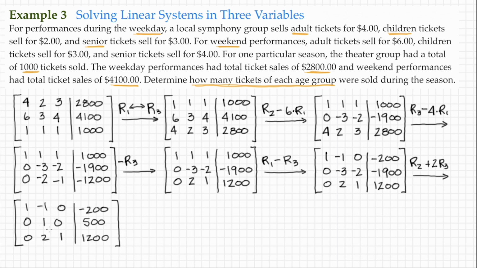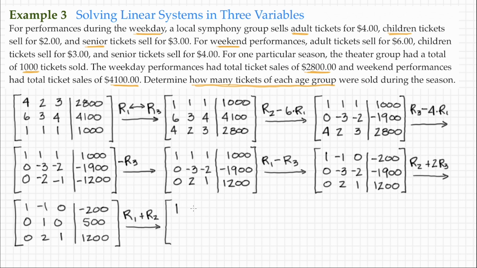So now we can switch over here. This is where we want our diagonal to occur. So now we're going to change this into a 0. So we'll take row 1 and we'll add row 2. One plus 0, that's 1.